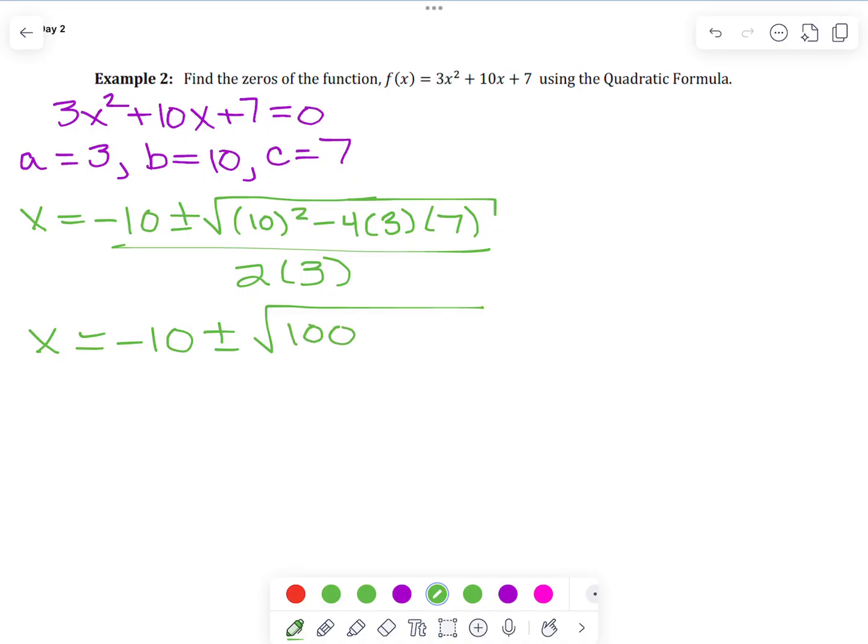And we multiply negative 4 times positive 3 times positive 7, and we get negative 84, over 2 times 3, which is 6. Continue simplifying underneath the radical, the discriminant. So we will combine 100 minus 84 gives us 16.